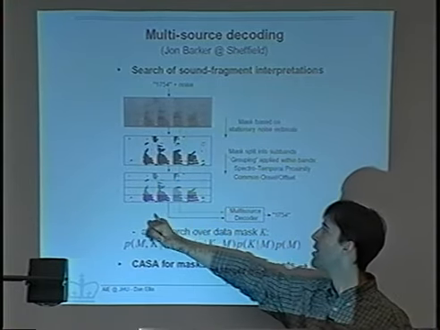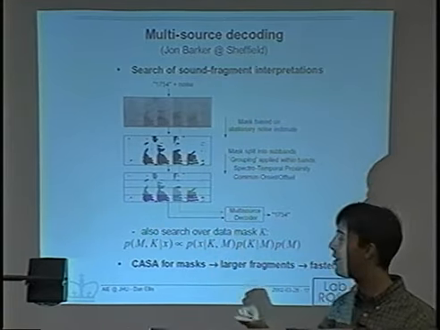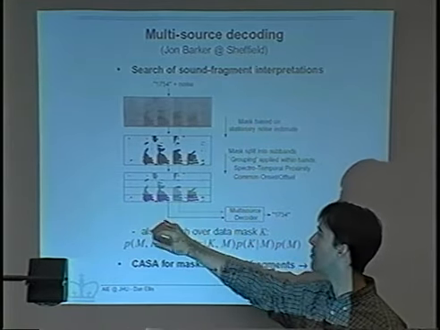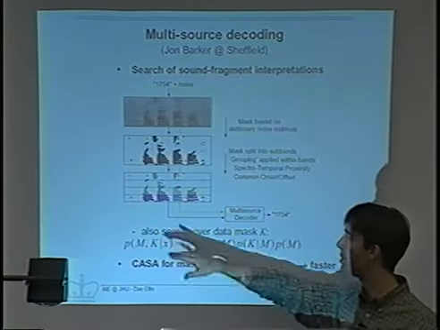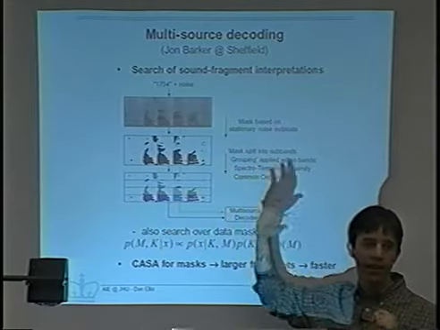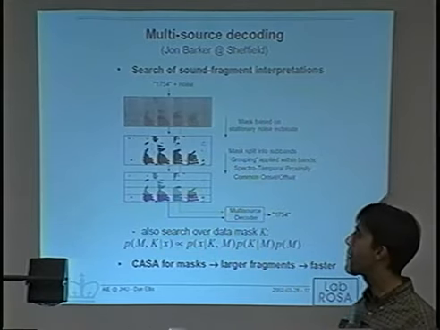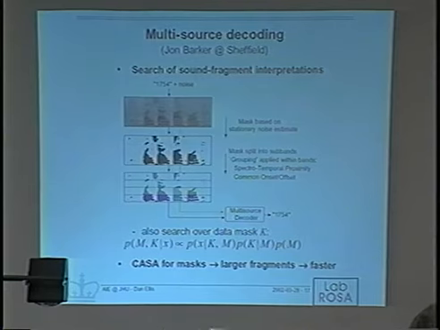Maybe if there's no temporal continuity between two blobs of mask, we'll treat them separately. And maybe we'll arbitrarily chop it up in frequency into several pieces and treat them separately. So here we've taken one mask, broken up into maybe 10 or 20 pieces, and you can think about doing an exhaustive search over all those different combinations of the mask and trying to find the one that gives you the best match to your speech models.